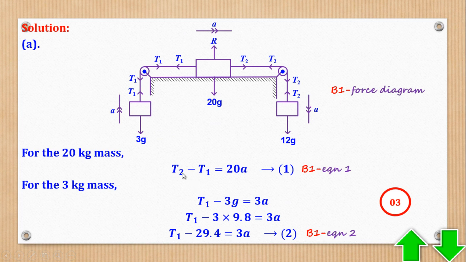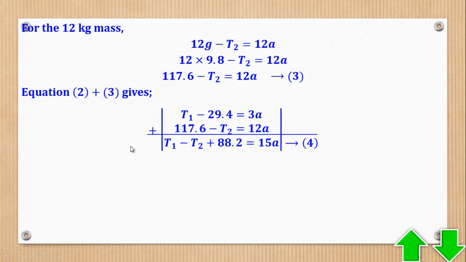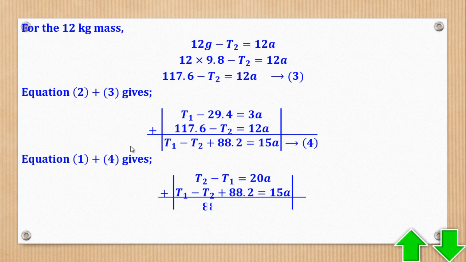I think you see equation 1 has T2 minus T1. So we can use both of them to eliminate all the tensions. So when we do that, we are going to come up with this. So you realize that this T2 goes with this and this T1 goes with this. So here I remain with this and here I add these two to get 35. Then make A the subject.